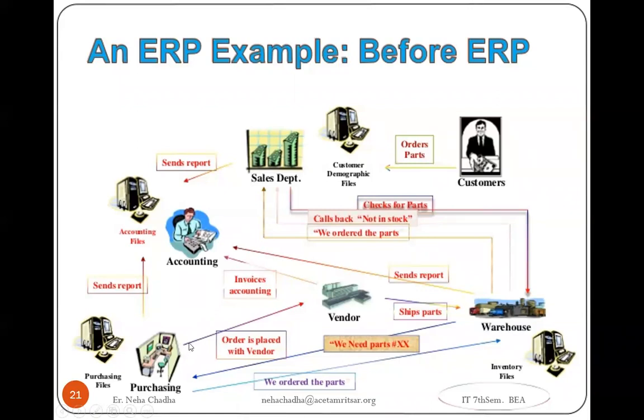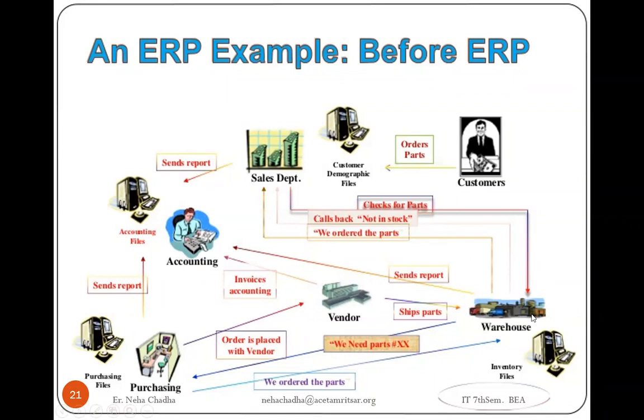They want to purchase something. They go to the vendor directly and place their order. But when they place their order, the accounting department is not aware that the purchasing department has purchased something, right? They haven't updated the accounting department.